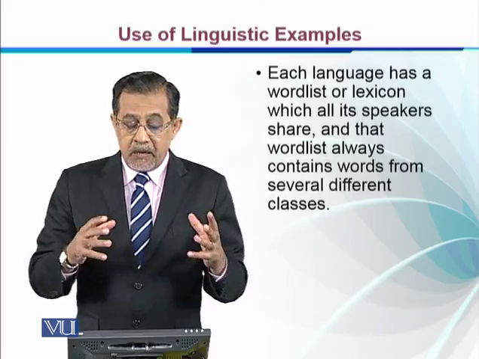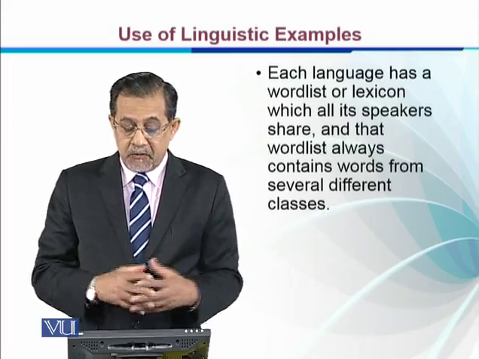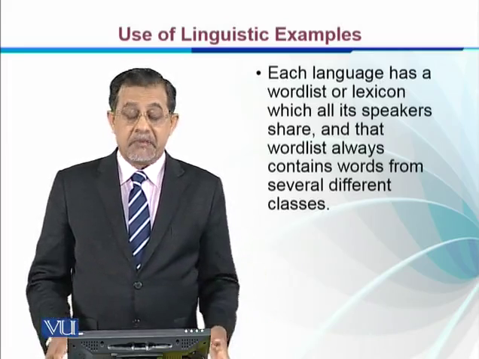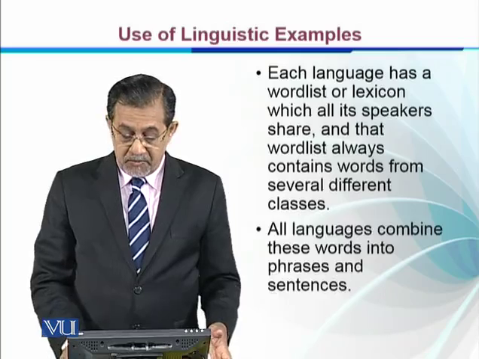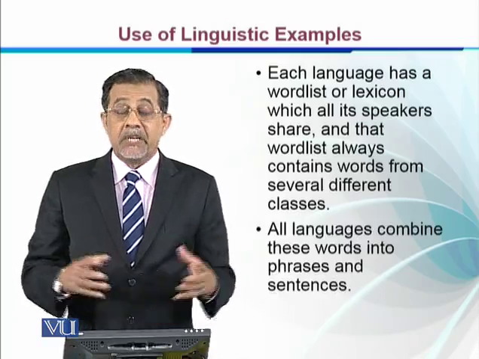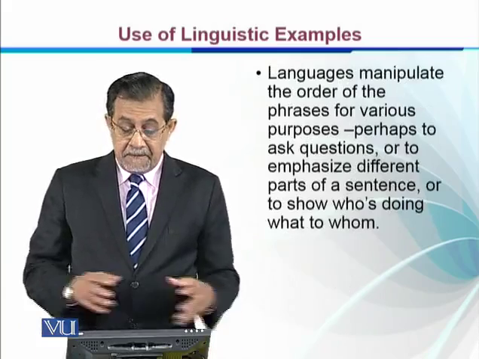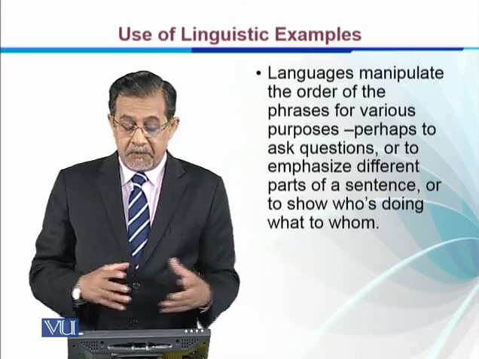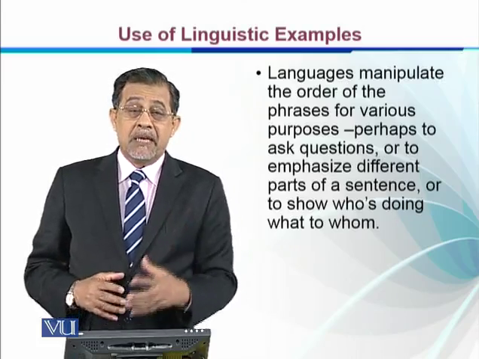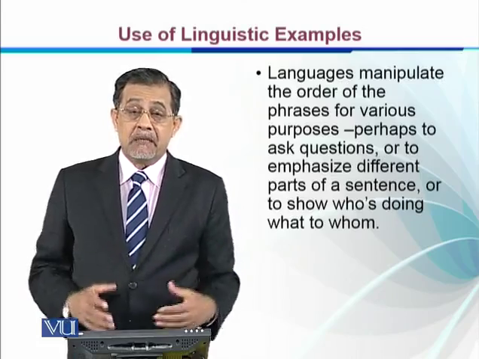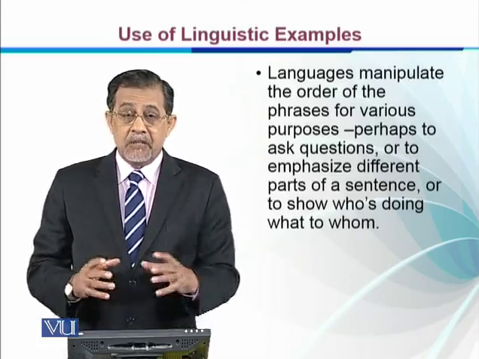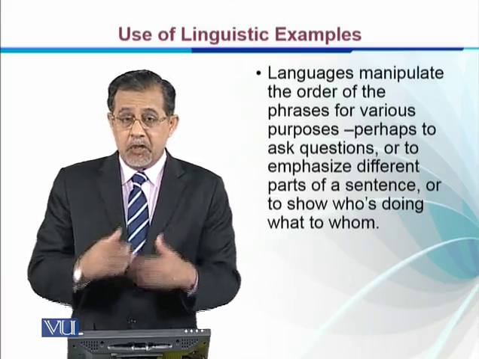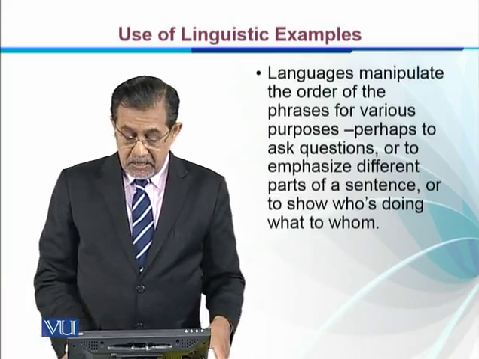Each language has a word list or lexicon which all the speakers share, and that word list always contains words from several different classes: noun, verb, adjective. All languages combine these words into phrases and sentences. Languages manipulate the order of phrases for various purposes, to make a question, an imperative, an exclamatory sentence, etc. When we want to emphasize certain features, we change the order of the phrases.